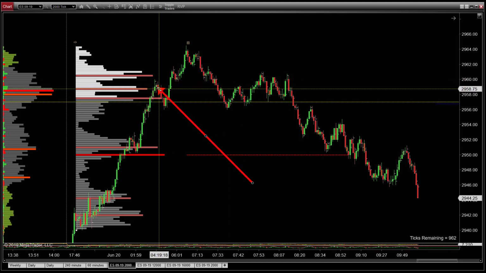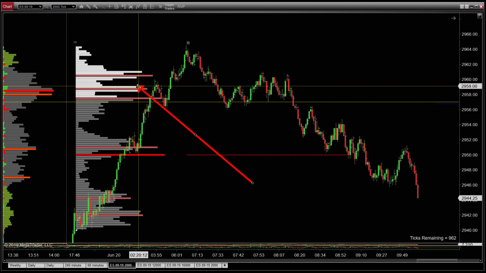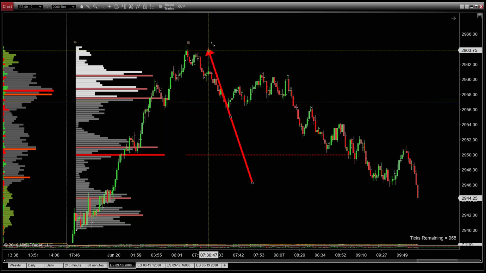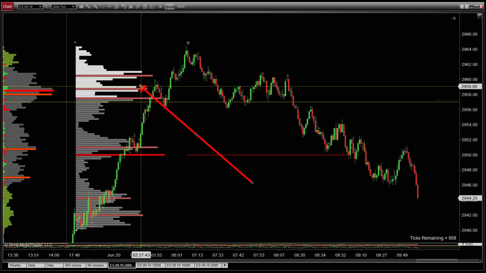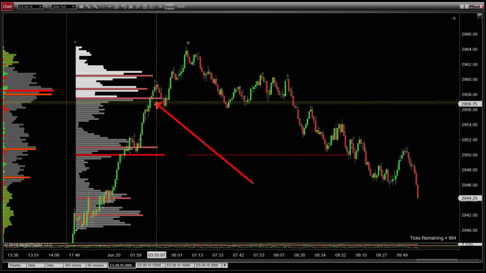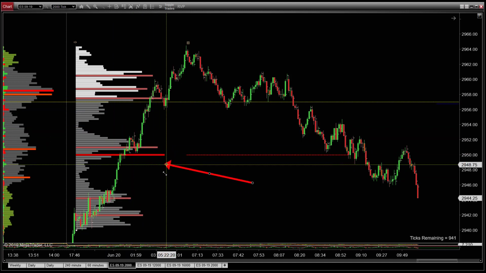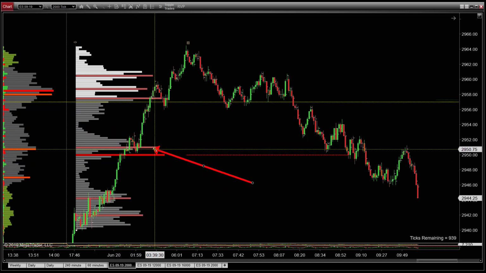Every time it hits the top of a volume node where there's a lot of volume, whoever traded there is going to try and get the market to go back the other direction. Generally you want to try and trade somewhere at the bottom of a larger profile that's mature, if at all possible.